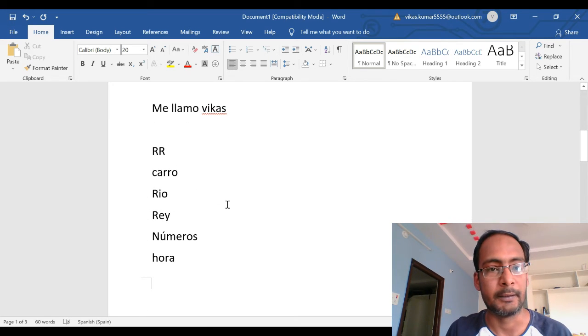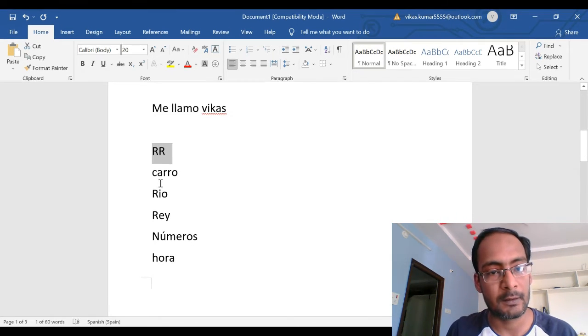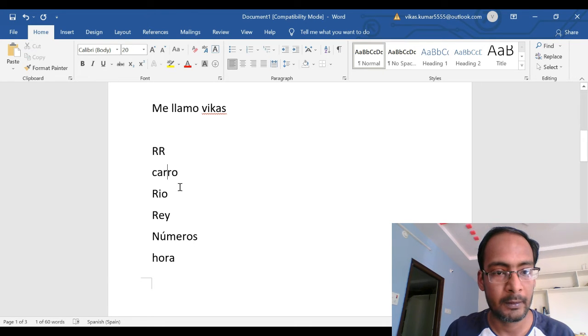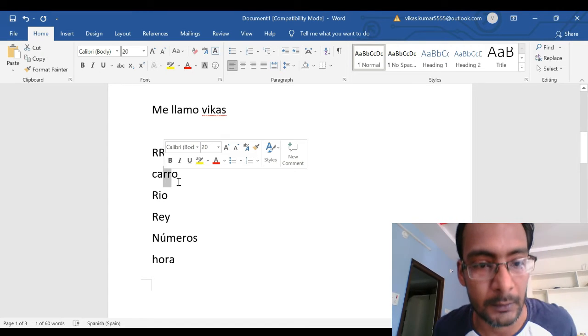So the next point is double R. This double R is pronounced, for example, in this word carro, as a rolling R. This is not as we do in English or any other European languages.